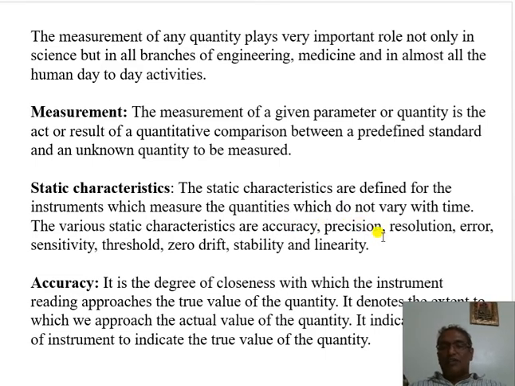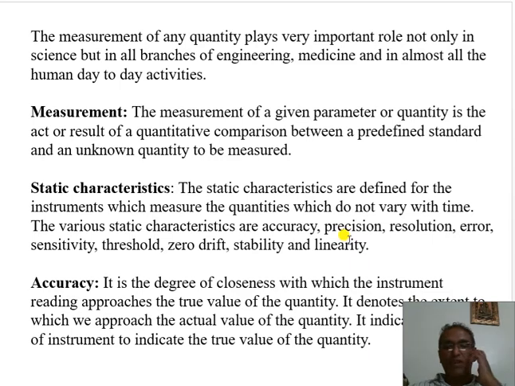First, accuracy. It is the degree of closeness with which the instrument reading approaches the true value of the component. The accuracy with which the device reads the value is known as accuracy.